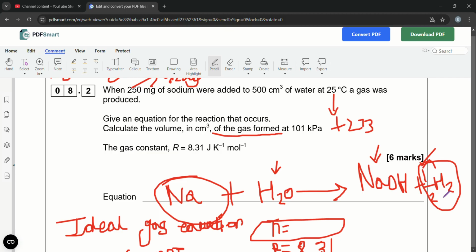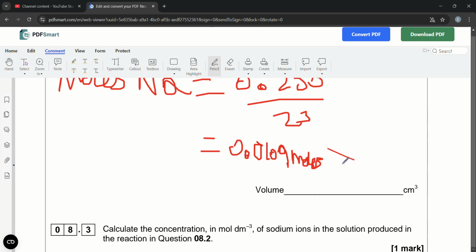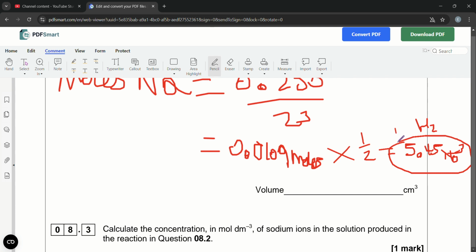So we're going to times it by a half because it's a 1 to a half molar ratio. So we can times it by a half, and now we get 5.45 times 10 to the power minus 3, and that's the moles of H2.